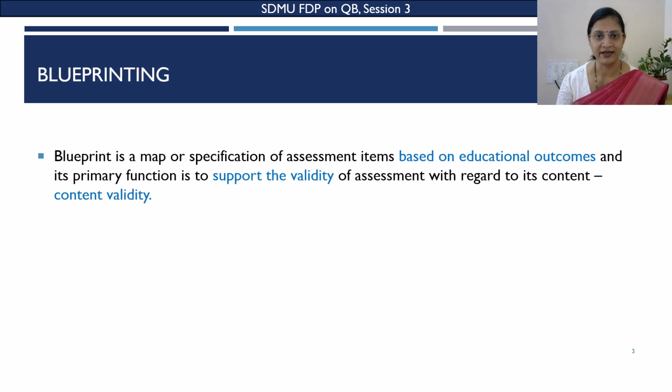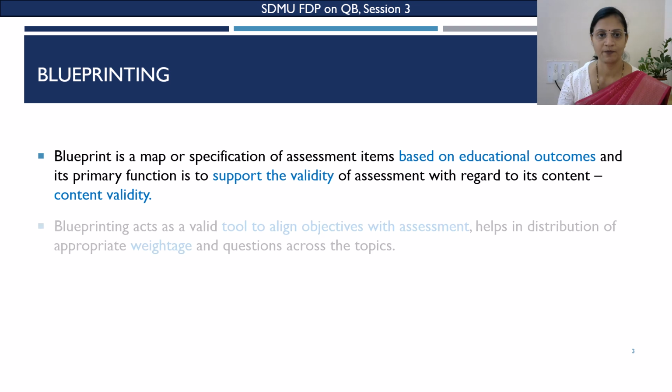What is blueprinting? It is a map or a specification of assessment items which is based on the educational outcomes, what we call as the course outcomes and the program outcomes. And the primary importance of this is that it is supporting the validity of assessment regarding mainly its content, that is the content validity. The overall coverage of the content is going to be appropriate.